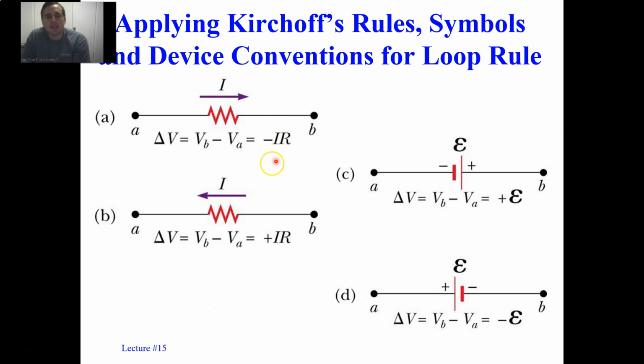So here is a pictorial way to show what I just said out loud in words. Notice that if you go across a resistor with the current, it's minus IR.